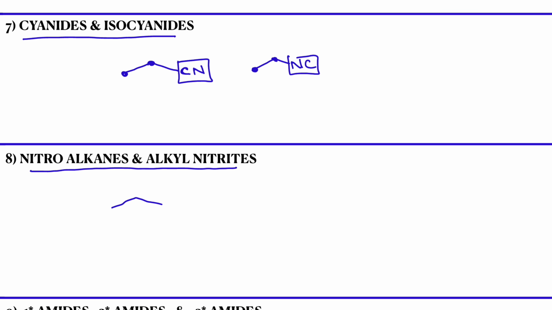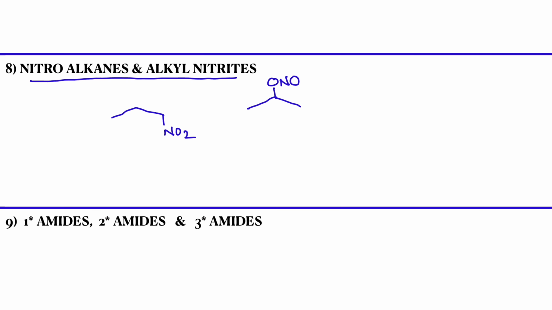Nitroalkanes, for example I am taking a nitroalkane with a 3 carbon chain, and alkyl nitrite, this is ONO. Already told you, once a functional group is different, simply they are said to be functional group isomers. Don't check the position of the functional group. Once a functional group is different, simply they are said to be functional group isomers.